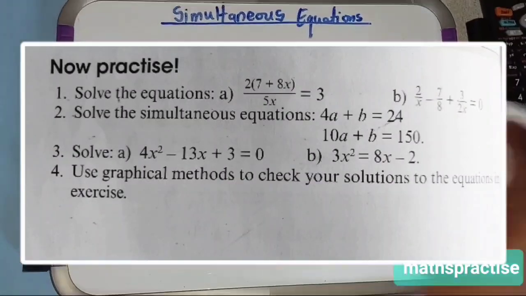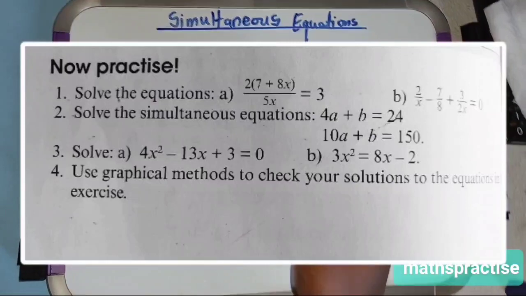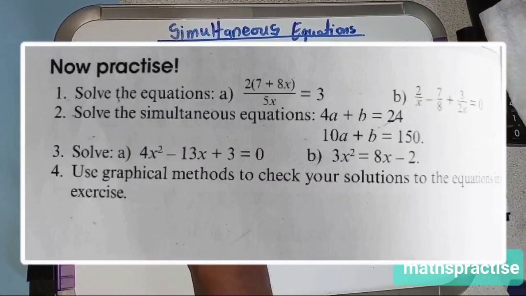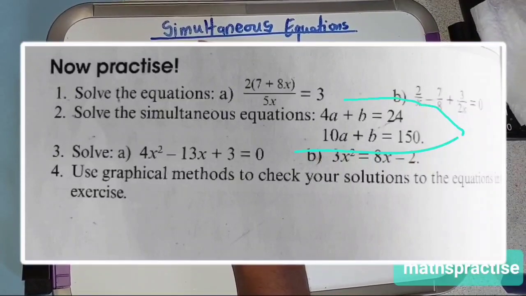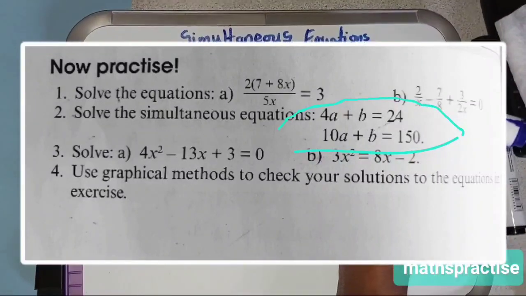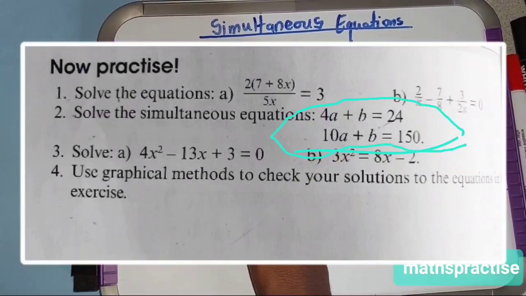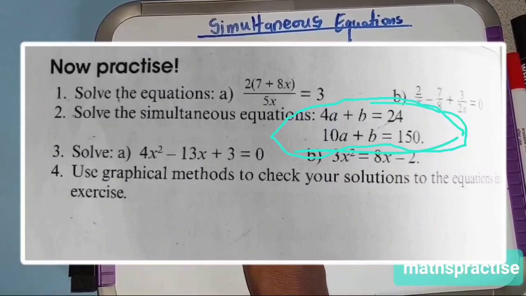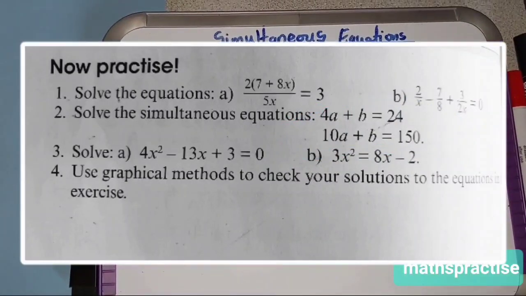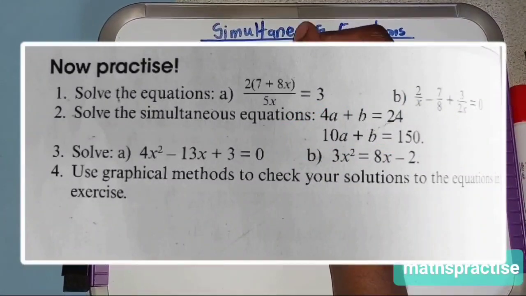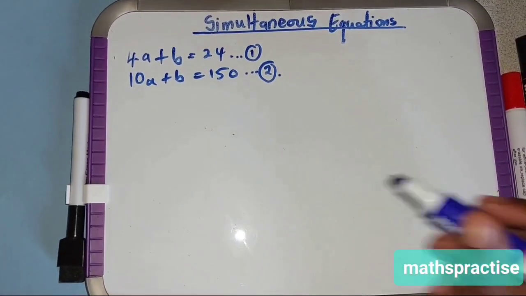We are given 4a + b = 24, and 10a + b = 150. So this is equation 1 and this is equation 2.